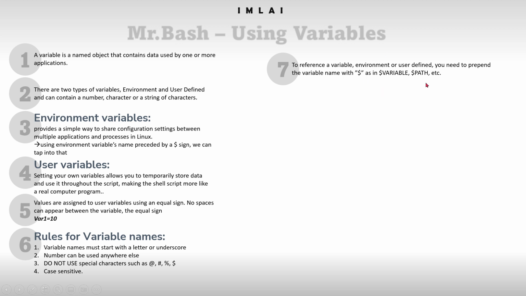Whatever it may be, either environment variable or user defined variable, the dollar should precede the variable name. And it's good practice to protect your variable name within curly braces. Instead of directly putting dollar and then path, you put curly brackets so that you can protect that variable when referencing it.